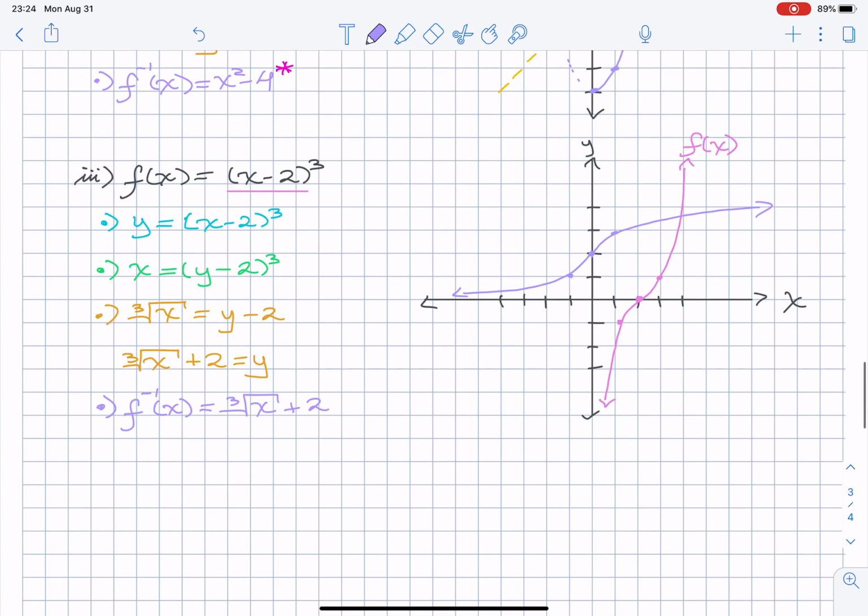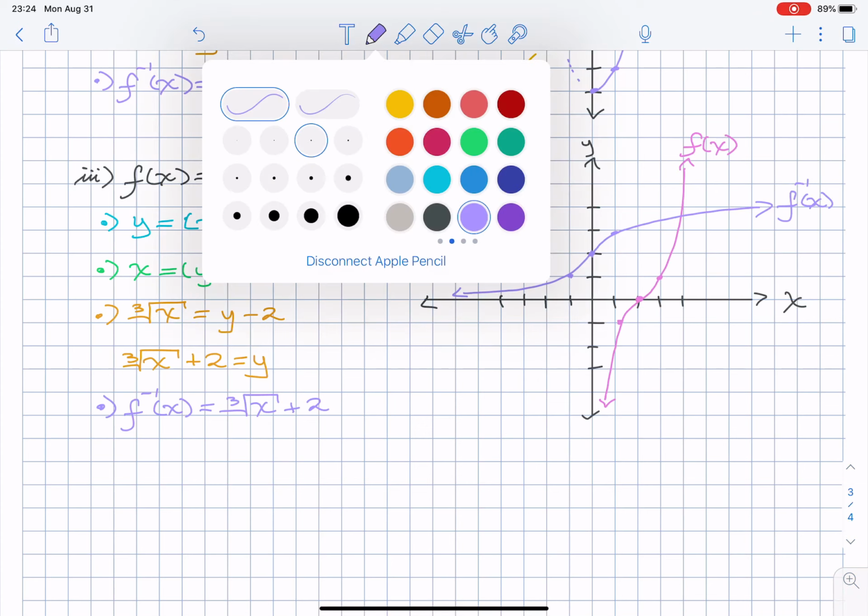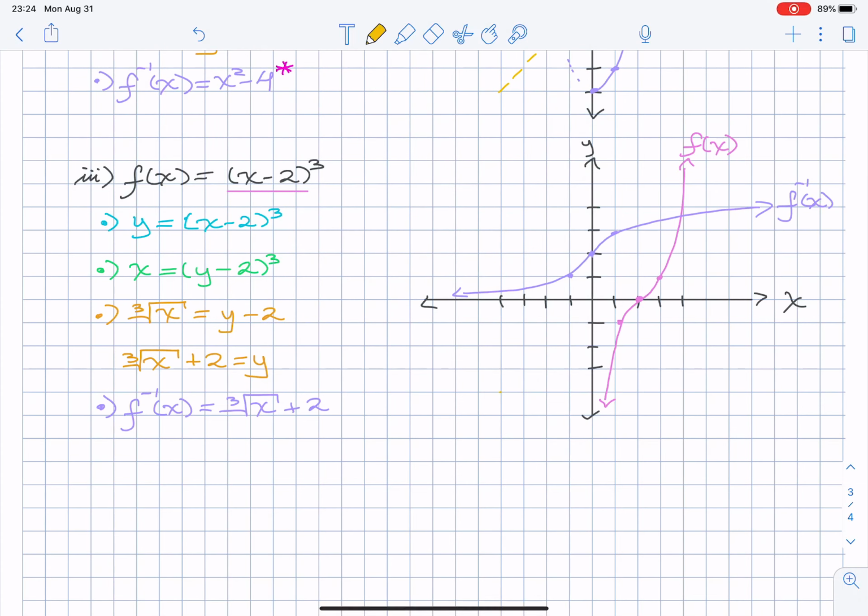So that'll be my f inverse of x. So we notice that once again, this yellow line is important for the graphs. And had I drawn this well, they would have overlapped on that yellow line here. But I didn't draw it well enough. But we get the idea. Okay, hopefully we get the idea.